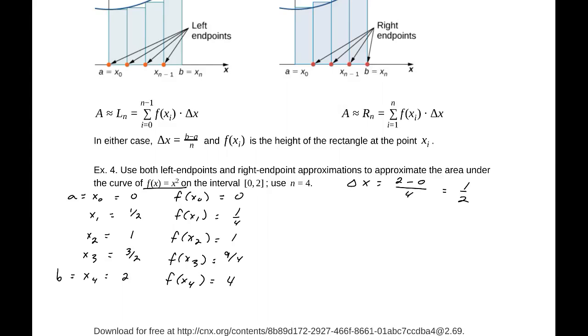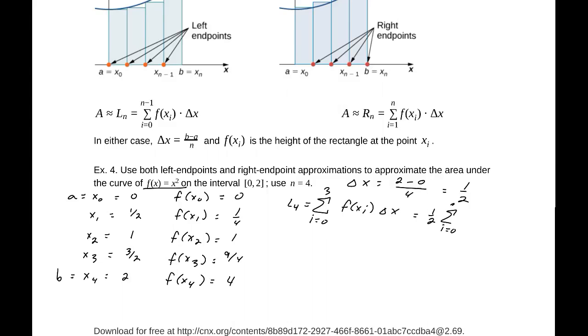Alright, now L4, the area with 4 rectangles, is equal to the sum from i equals 0 to 3, based on the formula we have up there, of f of xi times delta x. Now this delta x is 1/2, so we can factor 1/2 out.